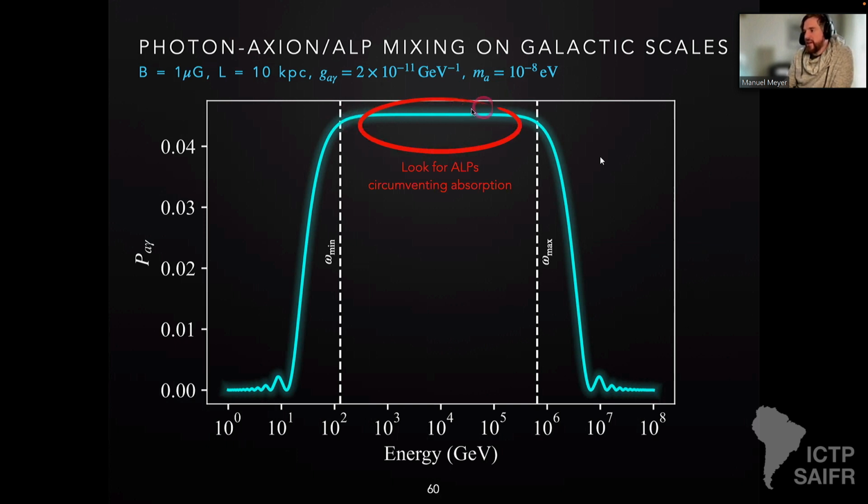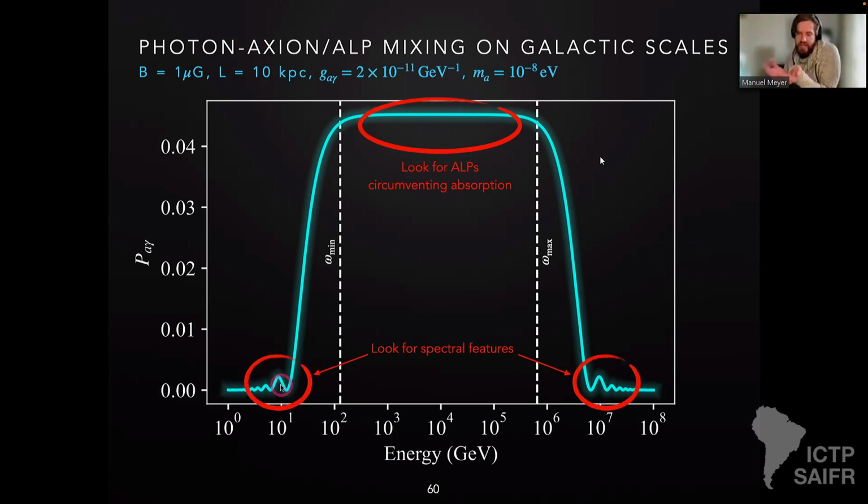So what we could look for then is, for example, a boost in the gamma ray flux, because here gamma rays could, instead of interacting with the extragalactic background light, just oscillate into axion-like particles, and then very close to Earth, maybe oscillate back. And in this way, you could circumvent this absorption. Or you could look at energies where you have these oscillations in energy, right?